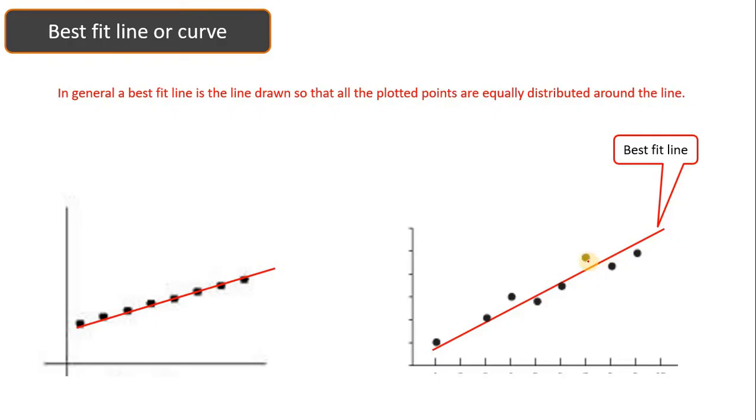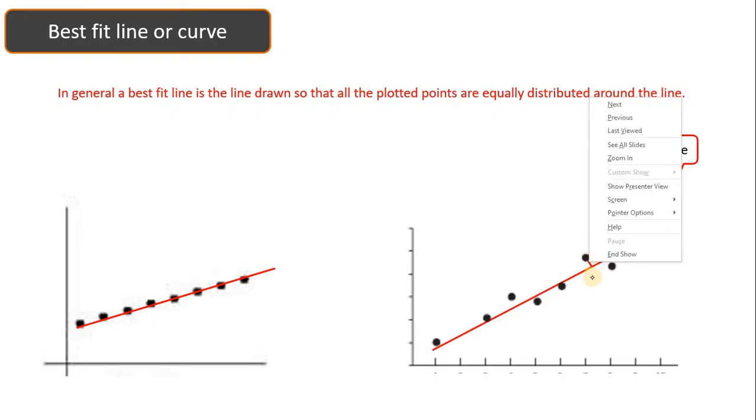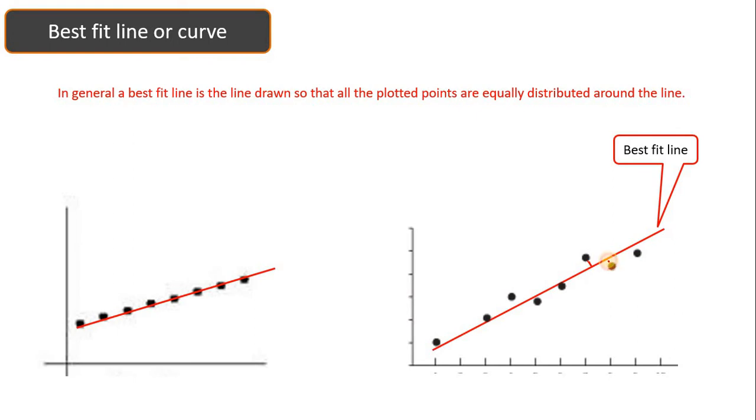So this distance and this distance are compensated, and this and this approximately, it need not be accurate. So these 2 points are below, these 2 points are above, and of course these distances are approximately the same. So yes, we can say that this is the line about which all the points are equally distributed. So that's how we draw a best fit line.